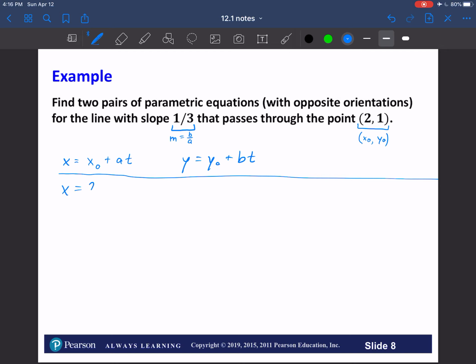X naught in this case is 2. A, let's just go ahead and say that it's 3, right? So we can say that a is 3, because if m is equal to b over a, let's just say that a is the denominator. A is 3. Then we'll say that b is 1. So y is equal to 1.